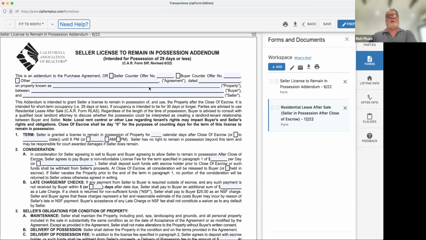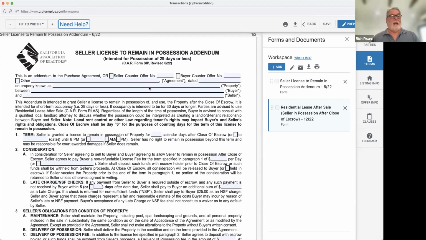If you're adding it after the initial purchase agreement, be it a seller or a buyer, you would say in the counter that buyer is to sign the attached SIP, or if the buyer is presenting it, then seller to sign the attached SIP. So that's pretty straightforward.